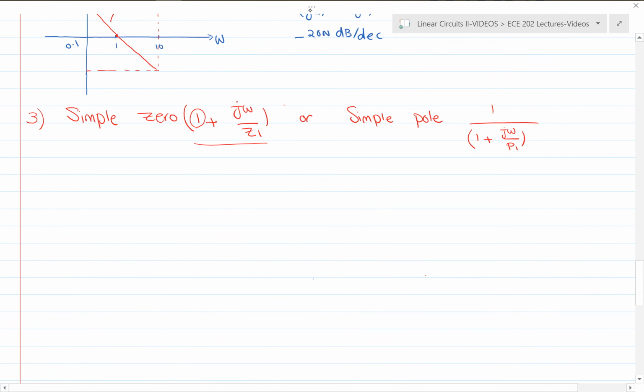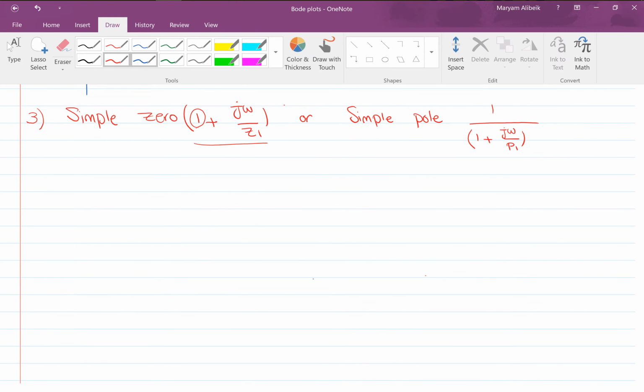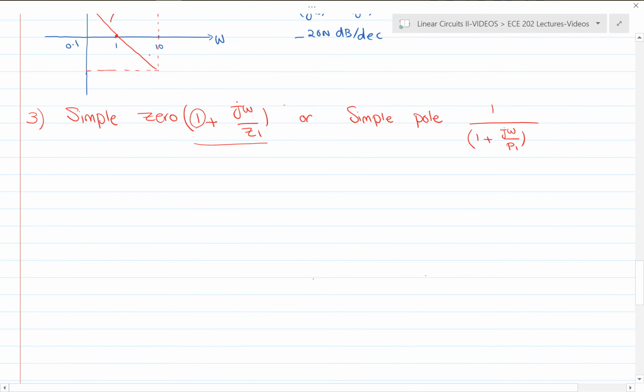So one thing that I want to point out before starting to talk about simple pole and zero is why we do not start the frequency axis from 0. So basically, if I have 20 log base 10 of omega, now I want to find the magnitude of this value in decibels.